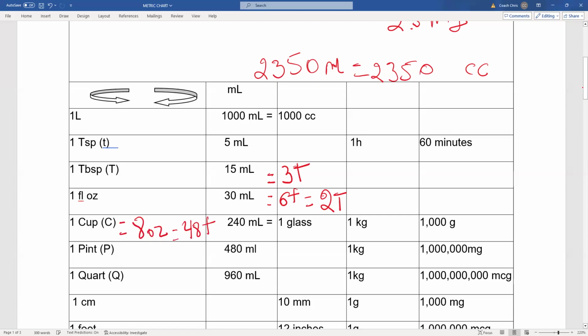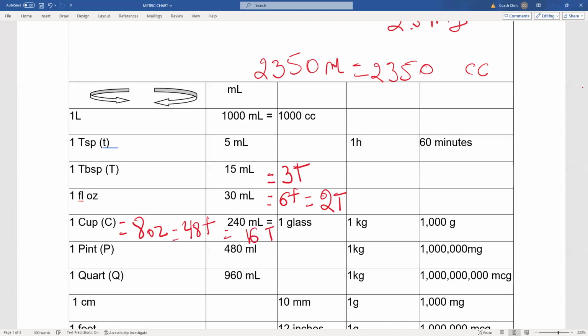Well, look here. 1 fluid ounce equals 6 teaspoons. 1 teaspoon equals 5 ml. The only thing you have to do is get the value of 240 ml divided by the value of a teaspoon, which is 5, and you're going to get 48. So 1 cup, 2 times 8, gives you 16 tablespoons. Just get 240, divide that by 15, and you have 16.